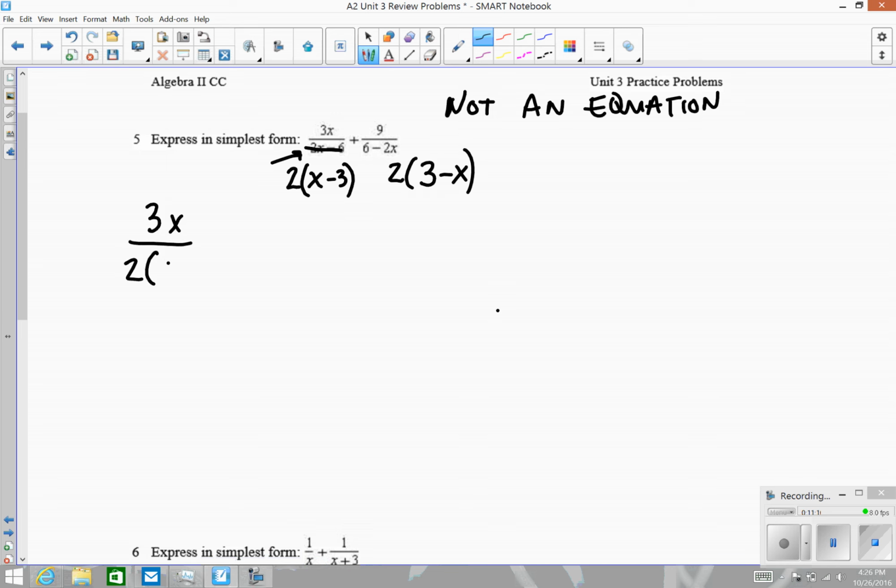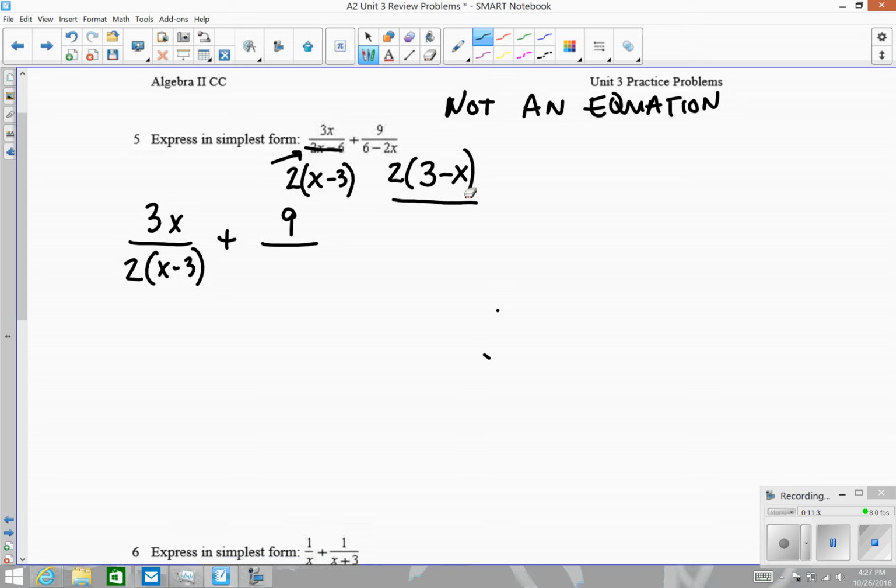with my factored denominators. So there's my first fraction, 3x over 2 times the quantity x minus 3. And I'm adding to that 9 over 2 times 3 minus x.